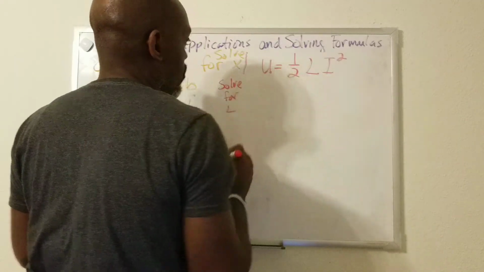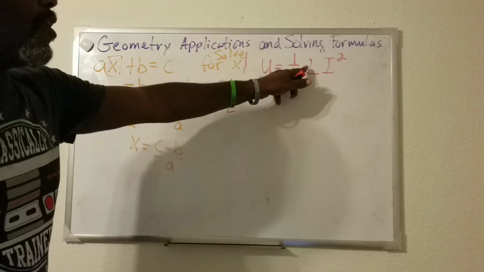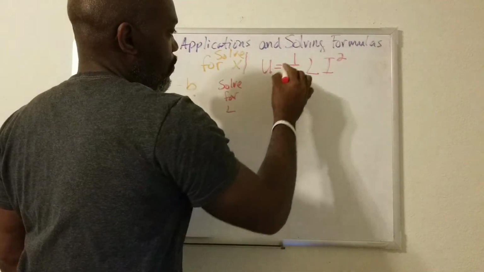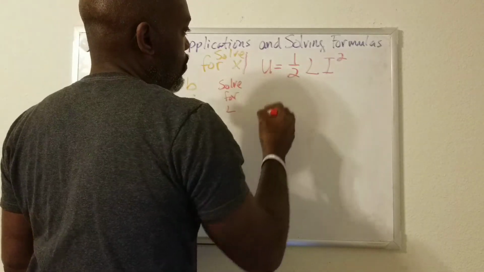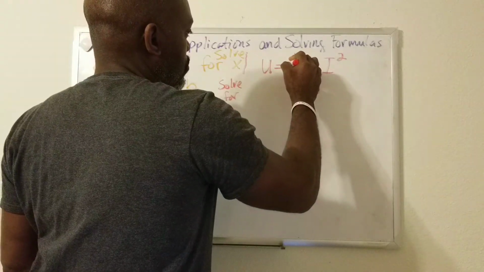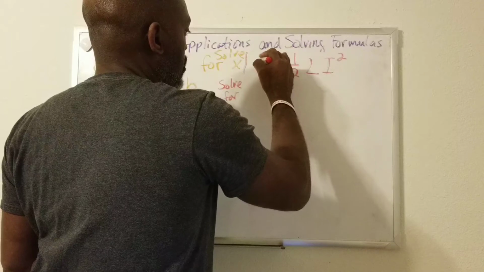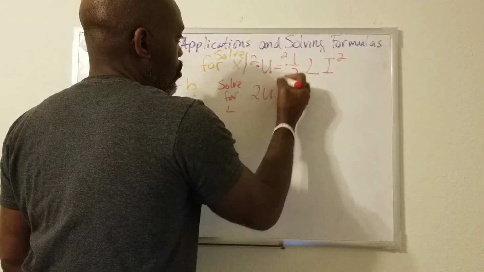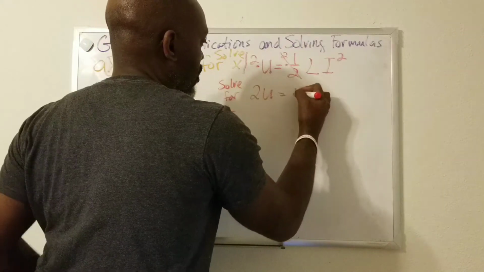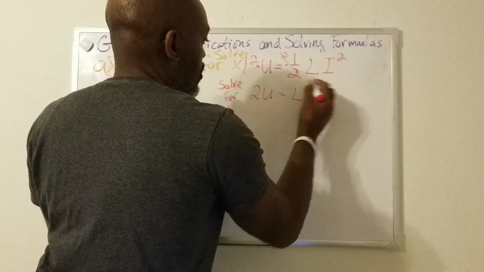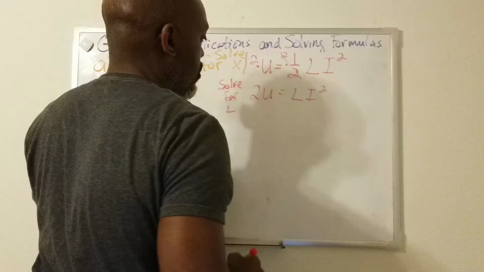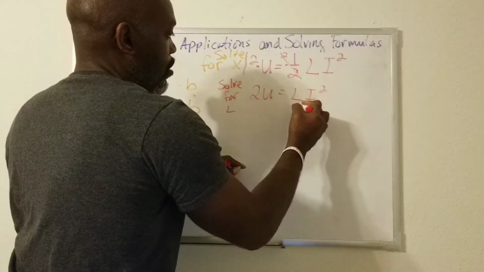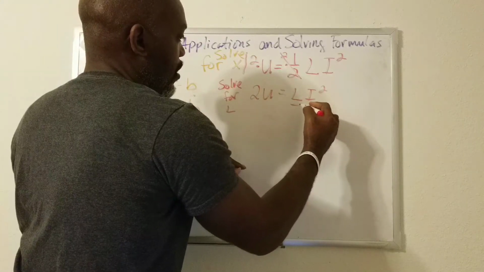for L. All right, so this is multiplication all the way across. So what we can do is we can first eliminate the fraction and multiply both sides by 2, right? Because that is the reciprocal. So you have 2u, this reduces out, we end up with li squared, li squared. And so remember, we want to solve for the L, so we're going to now divide both sides by what?